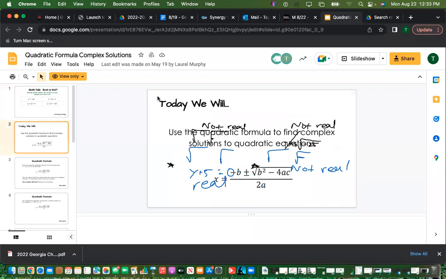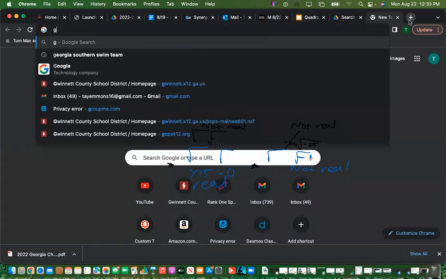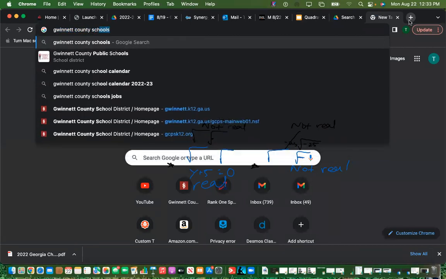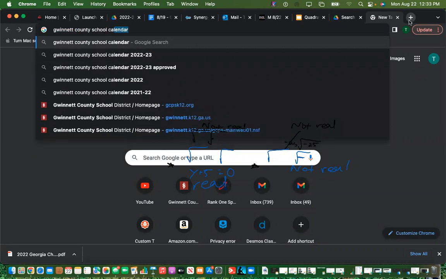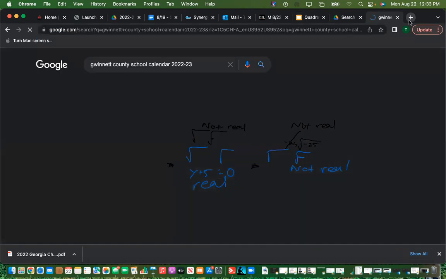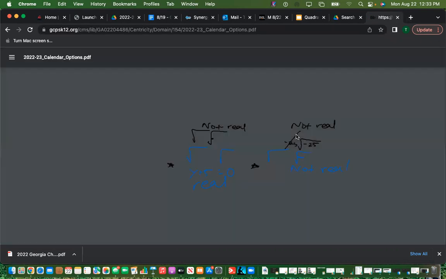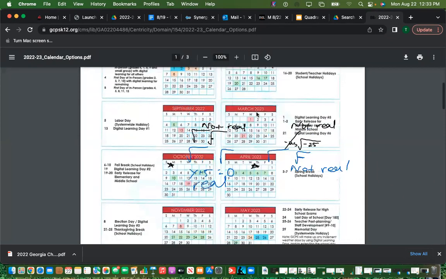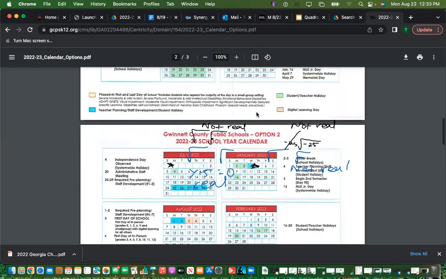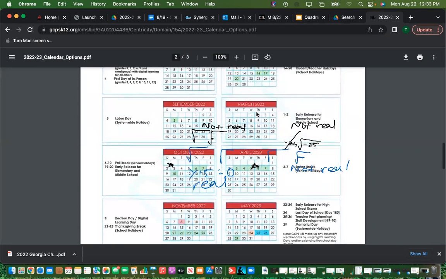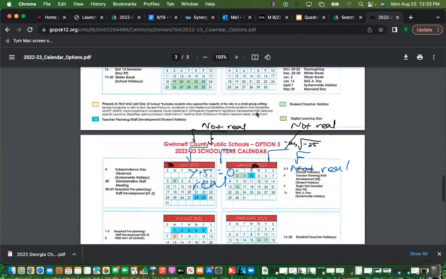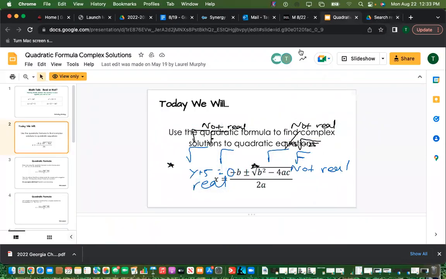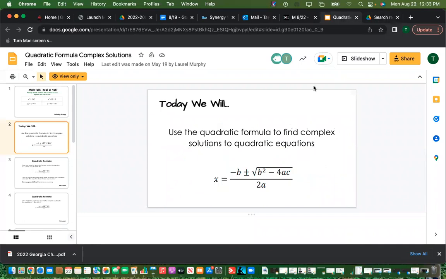I looked up the GCPS calendar. I was like, worst case scenario, kids don't show up, right? There's nothing on August 23rd. The first one is in September. I'm pretty sure she would have said something on her morning announcement, so she didn't say anything.